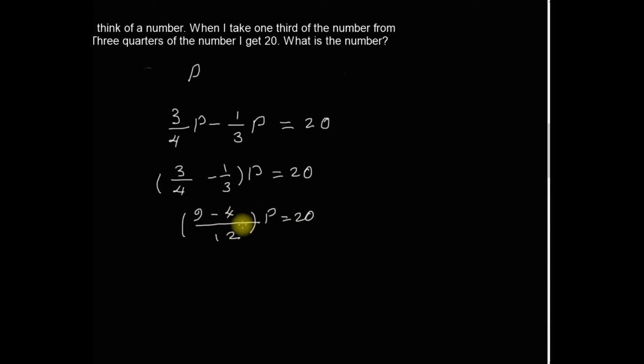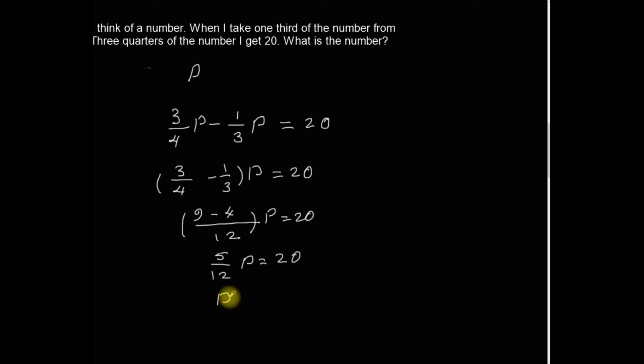So 4 minus 9 is 5. So I have 5 divided by 12, times p, is equal to 20. So here, I can do this many ways. Let's do it this way.